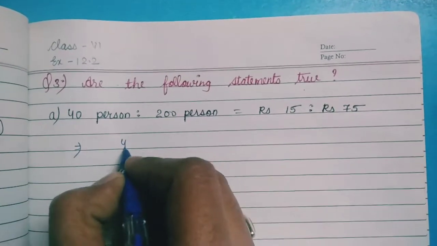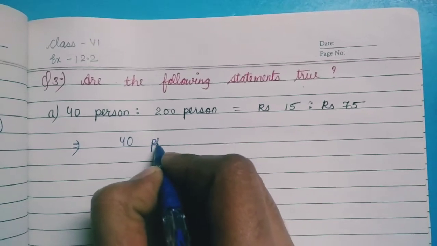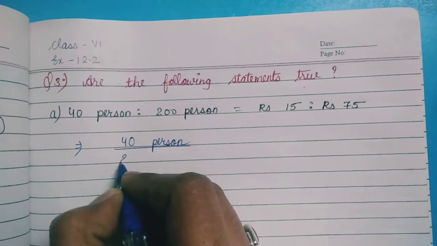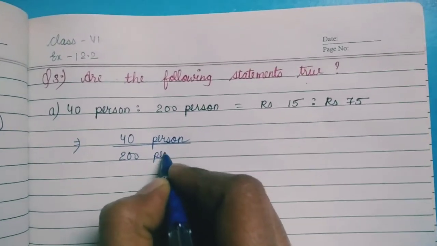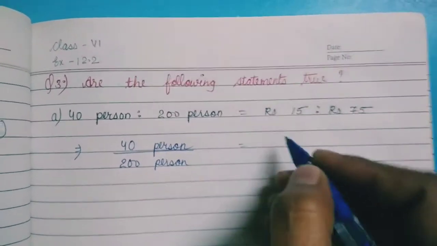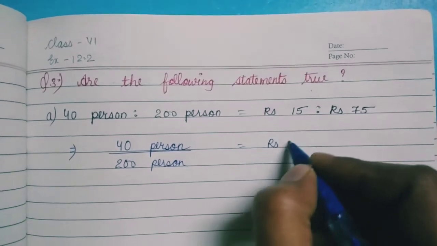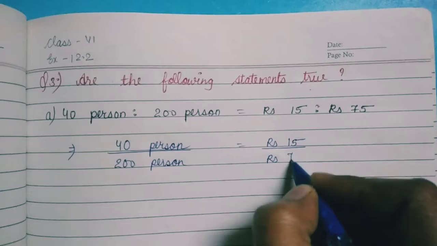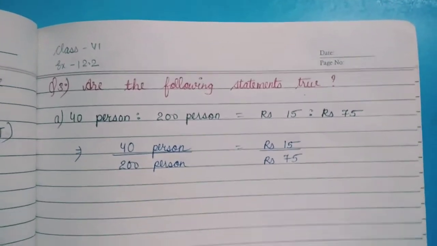So 40% ratio 200% can be written as 40% by 200%. Same here, rupees 15 ratio rupees 75 means 15 rupees by 75 rupees.